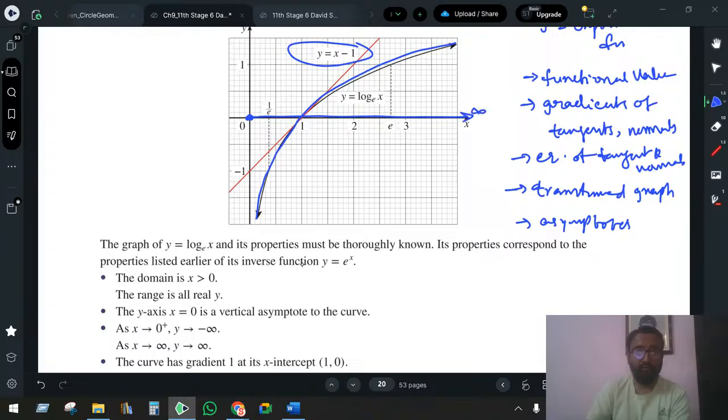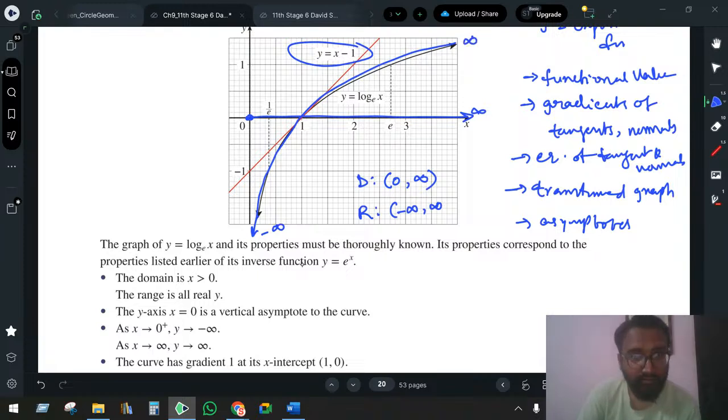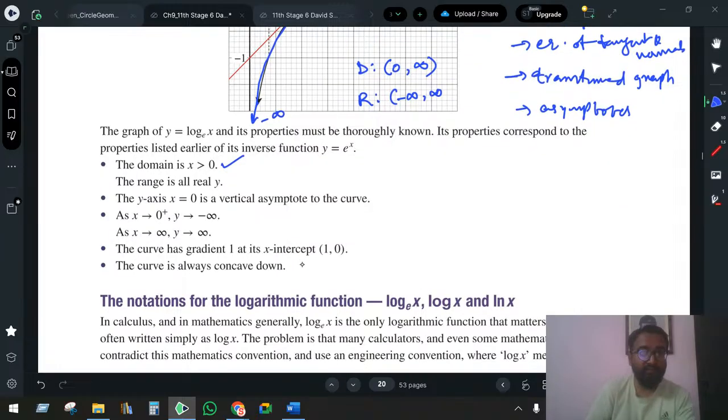So your domain is 0 open, 0 is not touching, to infinity. And the range is minus infinity to infinity, because downside it is going to minus infinity, upside it is going to plus infinity, only for the positive side of the x-axis. So therefore, it is defined for x greater than 0, and the range extends to 0 plus.